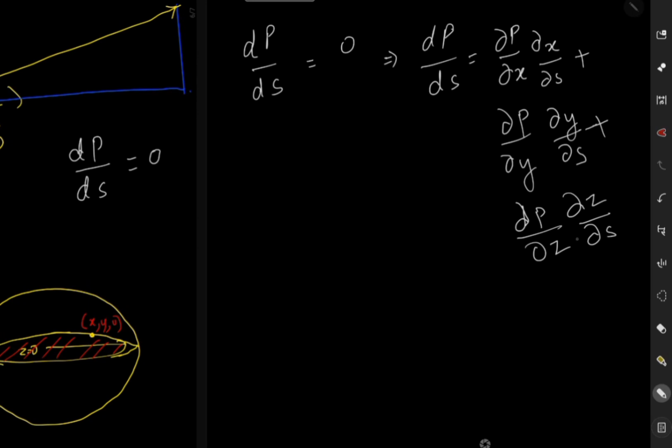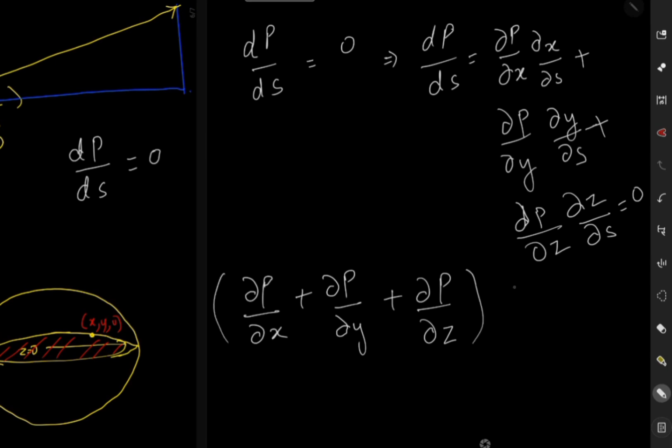We have applied the chain rule. So this equation will become dp by dx plus dp by dy plus dp by dz.